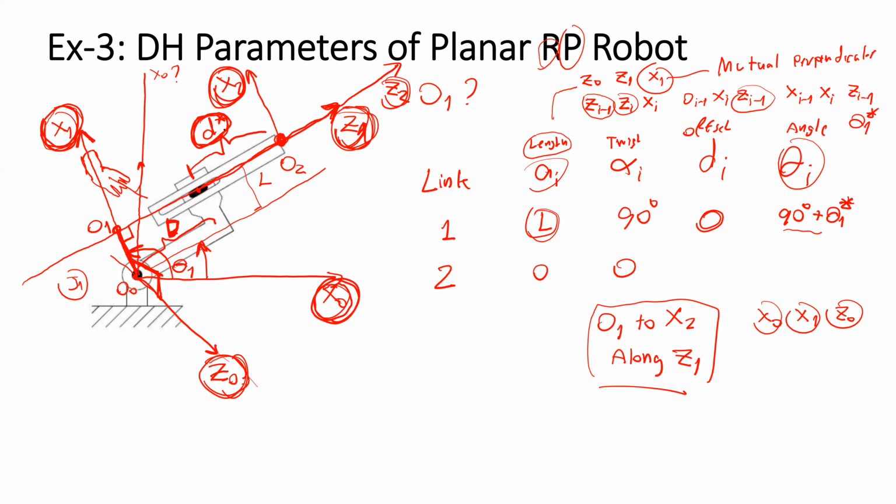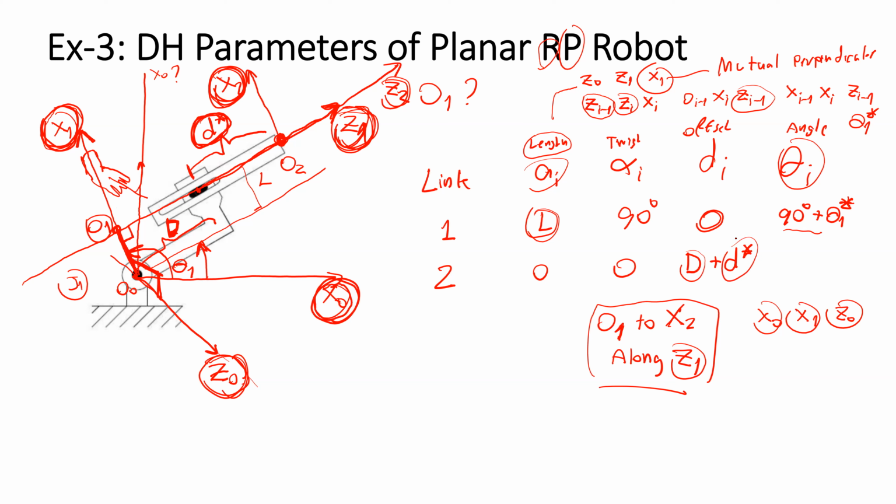The offset, by the definition, is the distance from O1 to X2 when we measure along C1. So the offset will be D plus the joint variable. We have one constant parameter and the joint variable.